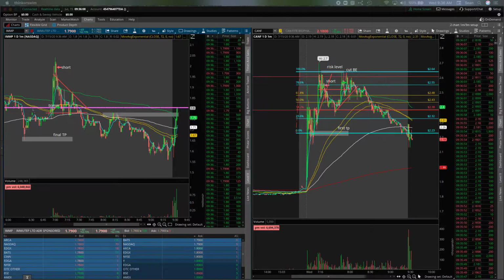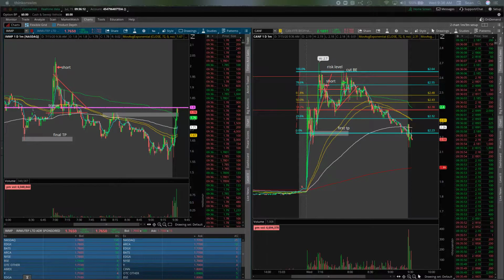All green, the tape on IMMP. We soak 500,000 at 180.